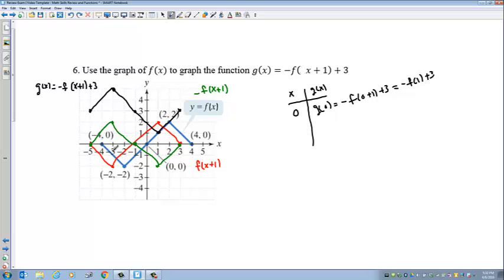So f is this blue graph here. So if you go over 1 and go up 1. And so that's going to be equal to negative 1, because f of 1 is 1, plus 3, which equals 2. So is it true if you plug in 0, you get out 2 on the black graph? It is, and so I'm guessing it checks. So you can try other points too, but this is your graph of g.